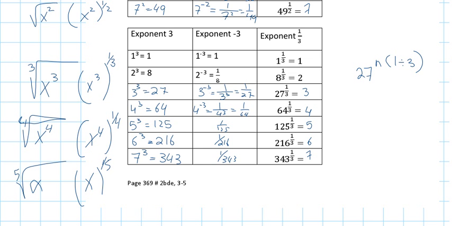Okay? You see that? So that bottom denominator, that 5 here, goes inside your root. In the case of a square, we don't put it in because that's the standard root. We don't put a 2 there, but we say it's a square root. Okay?